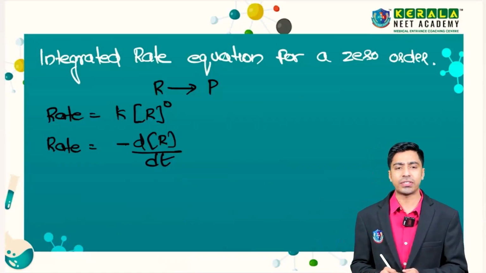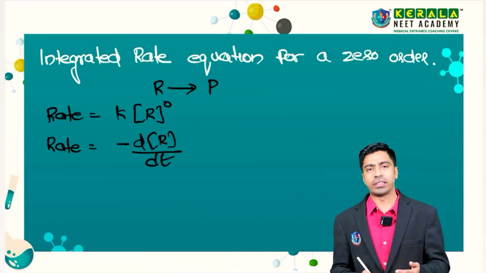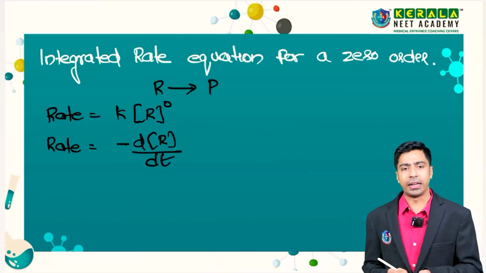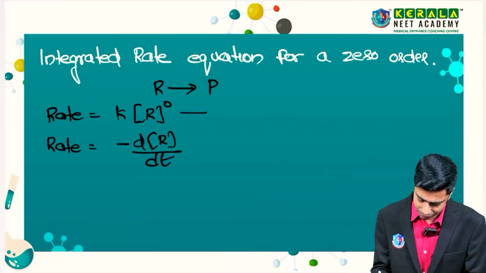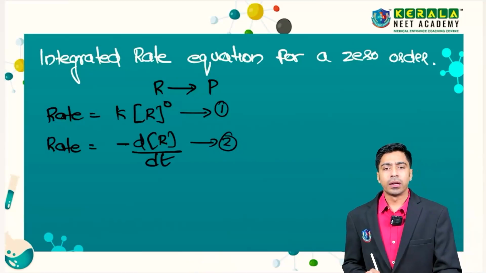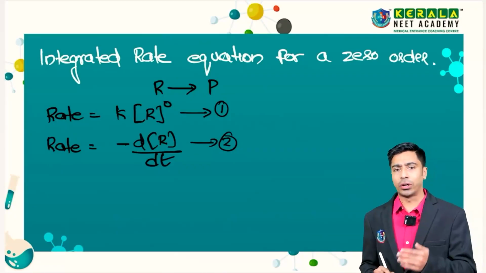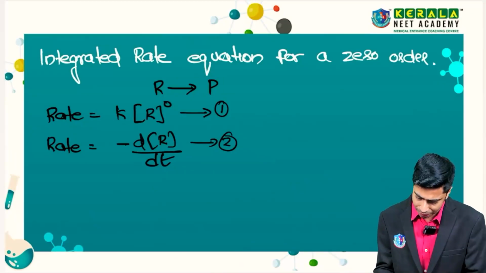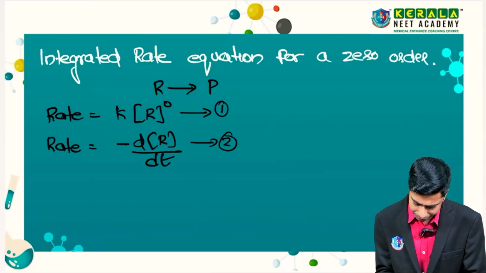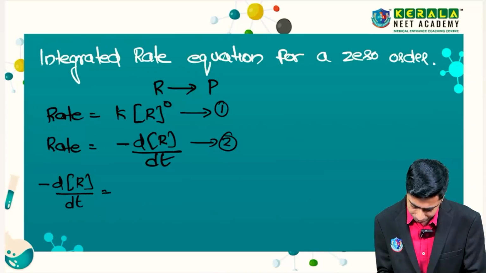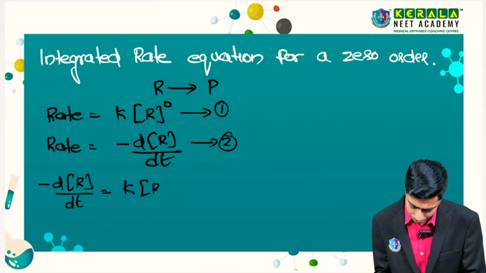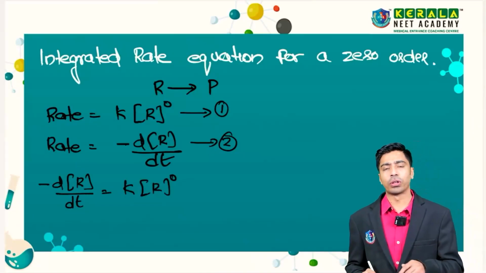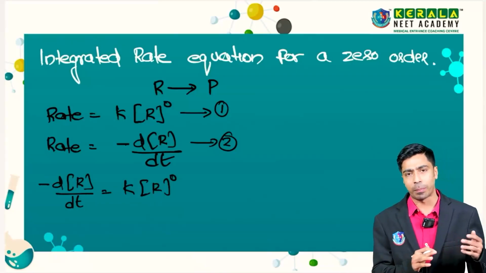So we got two equations. The rate equation is K into R power 0, and the instantaneous rate is equal to minus dR by dt. Let this be equation 1 and let this be equation 2. Now on comparing equations 1 and 2, minus dR by dt will be equal to K into R power 0, because both represent the rate.